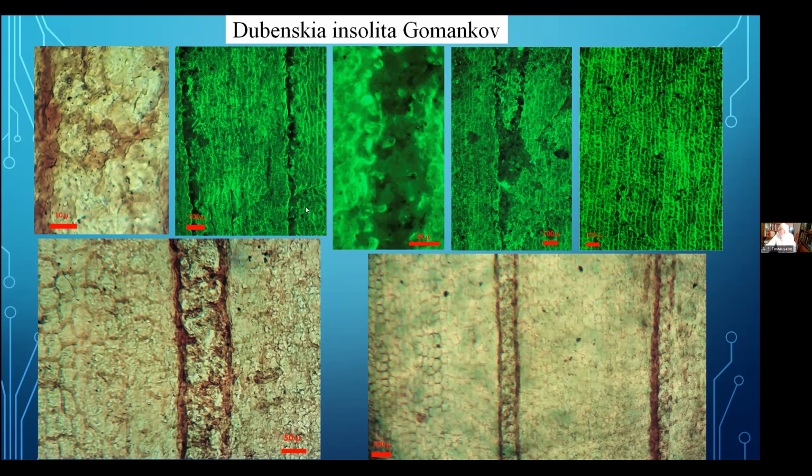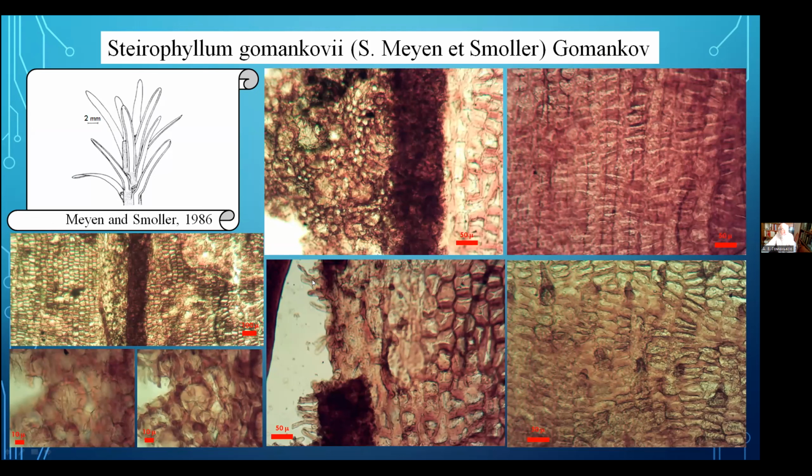Now the second group, dispersed compressions which can be assigned to known genera and species with known morphology. And the first species of this group is Pterophyllum gomankovi. This is a shoot of this plant reconstructed by Main and Smaller.